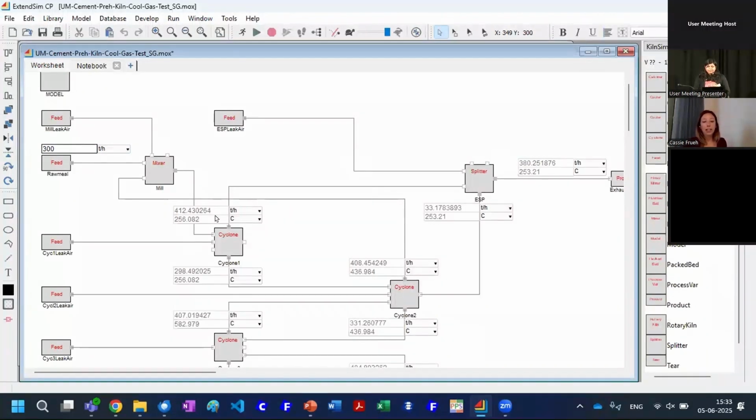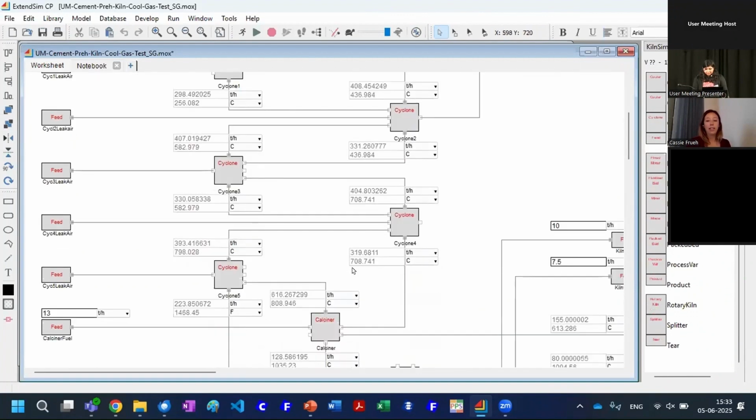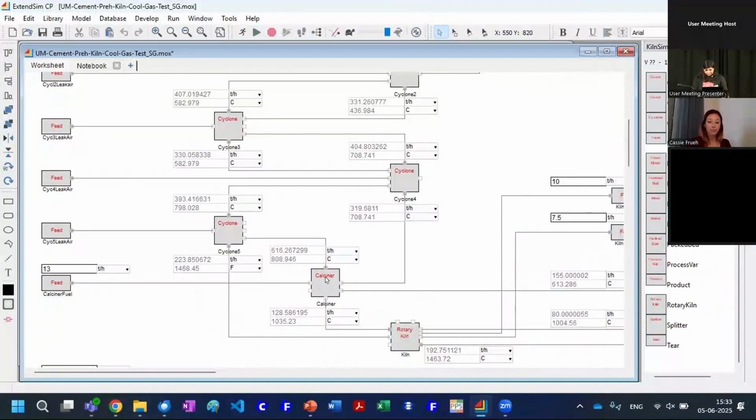And so for this cement demo, we have different process model units included. Most people can understand what mixers and splitters are, but we have 4 cyclones, which separate your particles from your gas phase. And if you scroll down, Shivani, the cyclones eventually lead into a calciner.